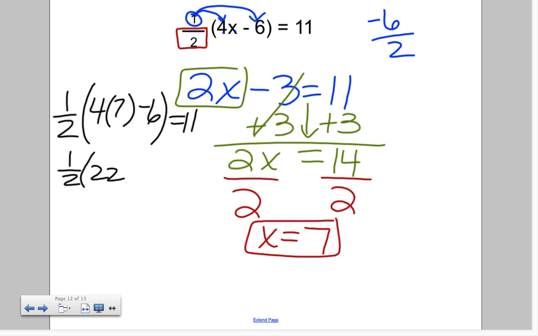All right, you guys agree that this value, all this multiplication and subtraction, equals 22 in our parentheses. And now, in your head, watch this. You can think about it either way. 1 times 22 is 22, divided by 2 is 11. Or you can think of, what's half of 22? 11.